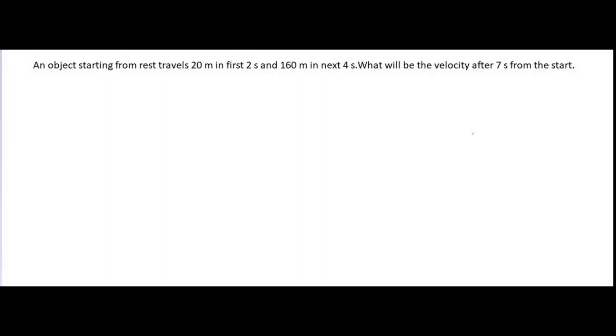So first we'll try to visualize the problem so that it will be easy for us while solving. In the question we have been given that an object starts from rest and travels 20 meters in first 2 seconds. So let's imagine this as some object.